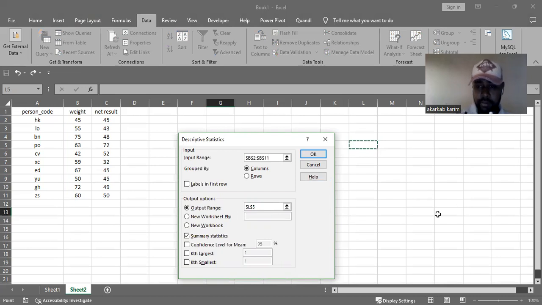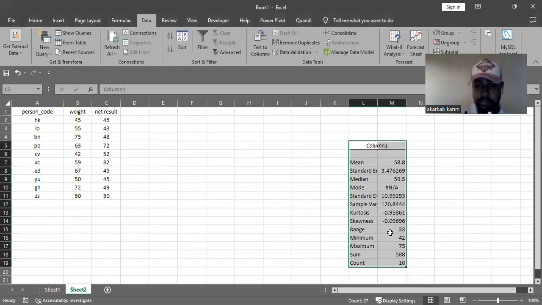Okay, so we need to see the summary statistics. And we have also this confidence level for the mean, by default 95%. Well, if we click OK, this time we can see all the measures of this variable.